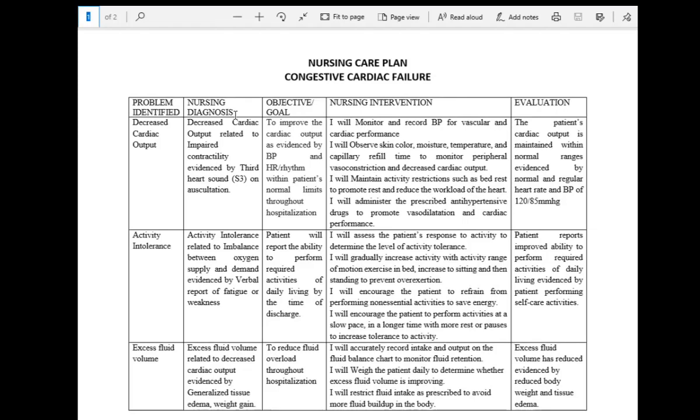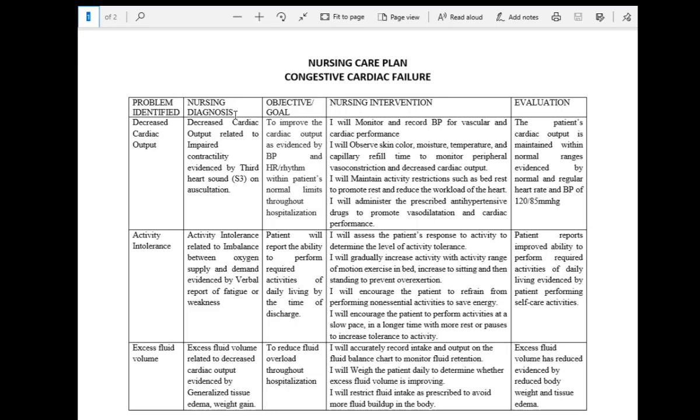So our first problem is decreased cardiac output. Decreased cardiac output is basically when the heart is ejecting less blood from the left ventricle.